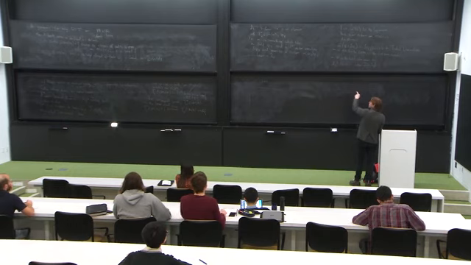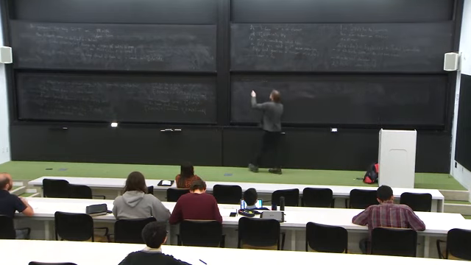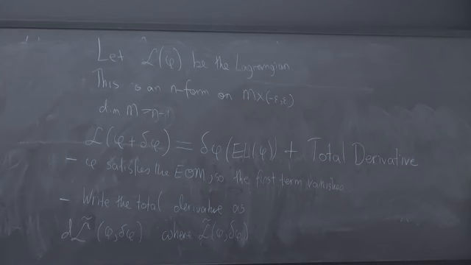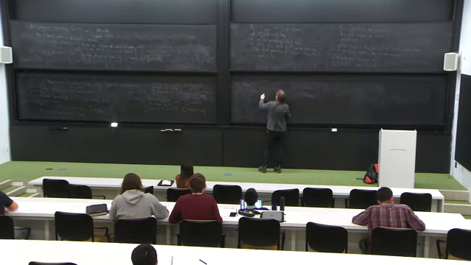So now we can see what our alpha is. It's just the integral of L tilde. Alpha by delta phi is the integral of L tilde by delta phi.